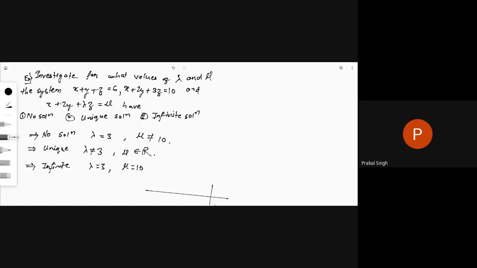Sir, what condition would it be if lambda isn't equal to 3 and mu is equal to 10? Then it will have a unique solution, no? Look, in that case the rank would be 3, which is equal to the number of variables, so it will have a unique solution. That's what I'm trying to explain here.